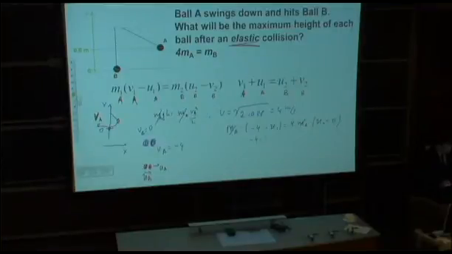Negative 4 minus u1 should be equal to 4u2. The second equation: negative 4 plus u1 should be equal to u2 plus 0.